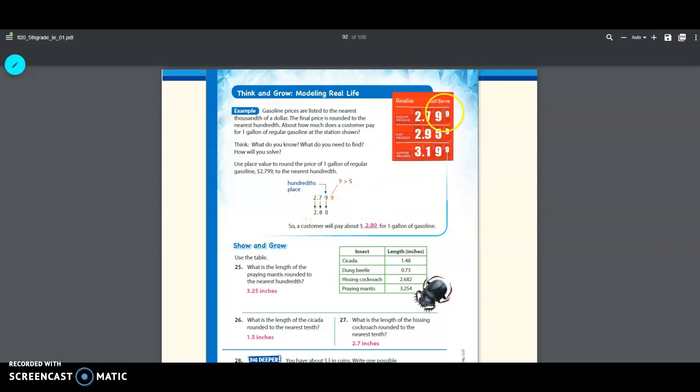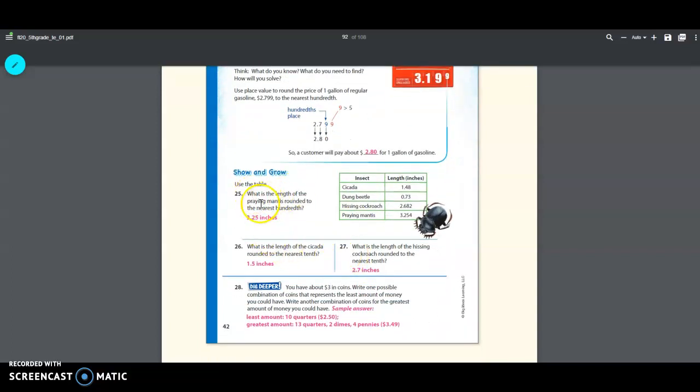So even though it's written on the sign as 2.799, I'm actually paying $2.80 a gallon for gas. The next time you're getting gas, you might be able to tell your family what they're really paying for each gallon of gas.